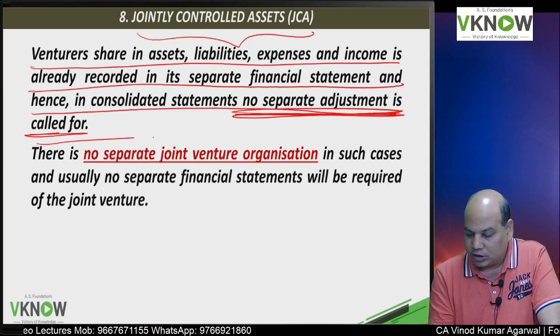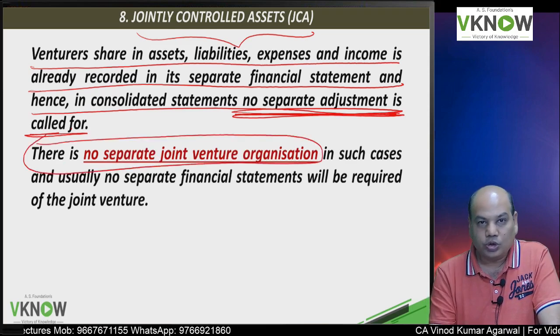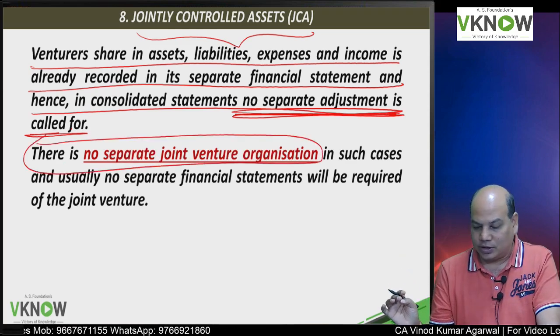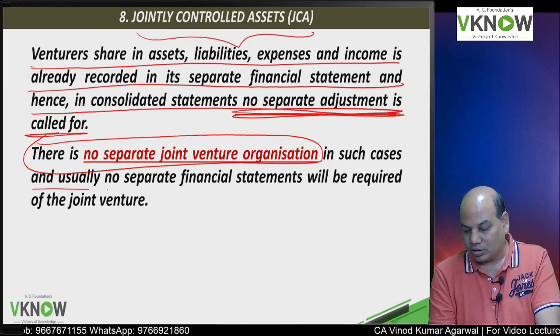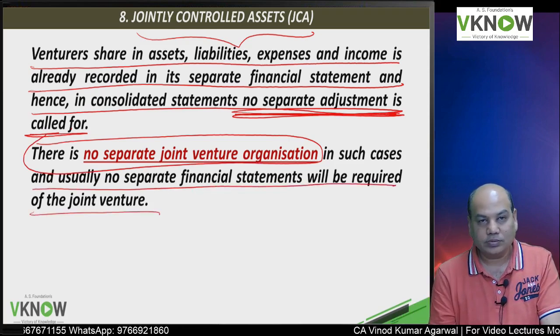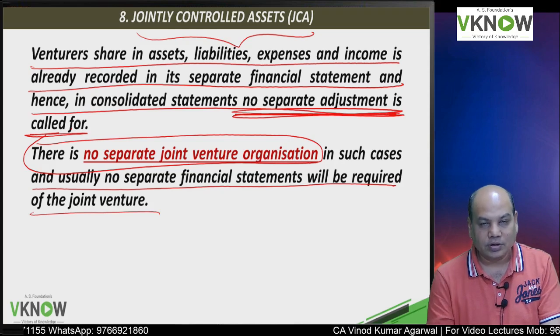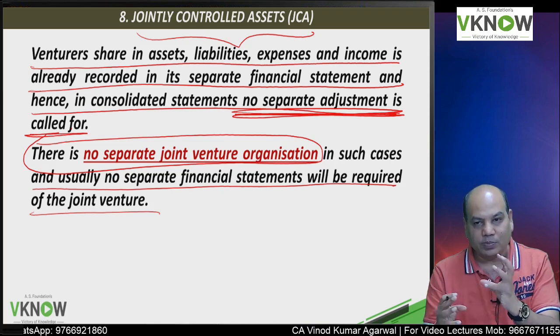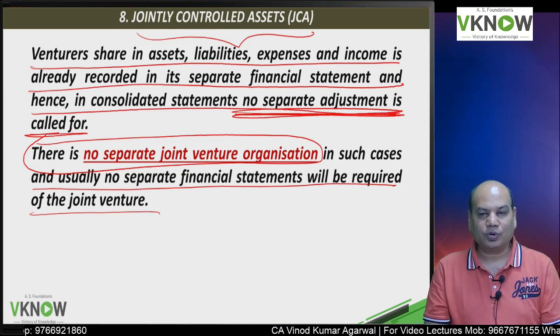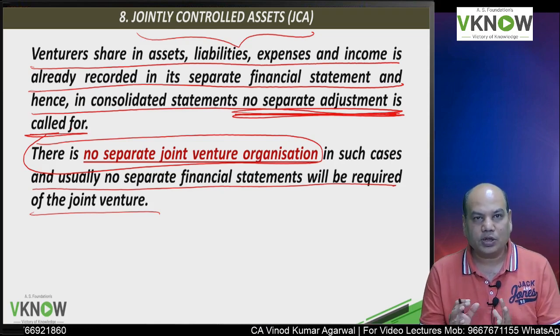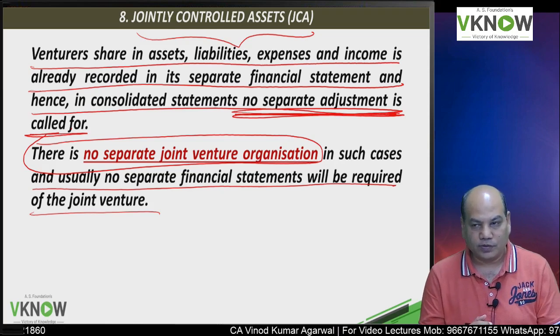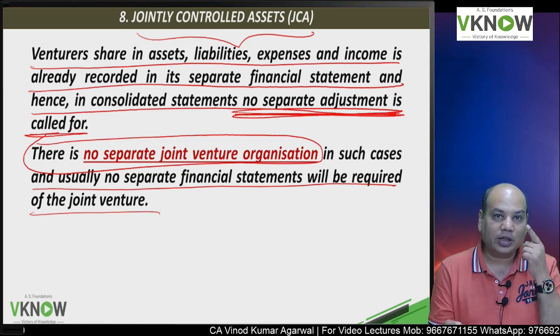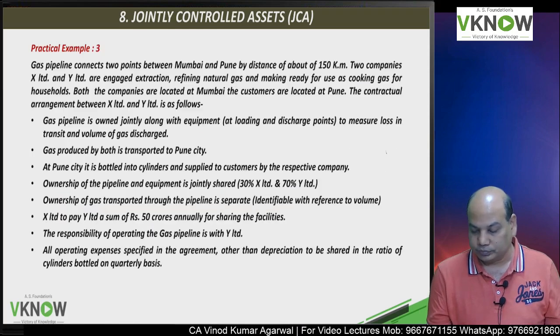One important thing about JCA: no new separate legal entity is created. Each party will record his transactions in his books. They might prepare a draft profit and loss statement for the purpose of calculating the profit from the joint venture, like we did in the earlier problem.